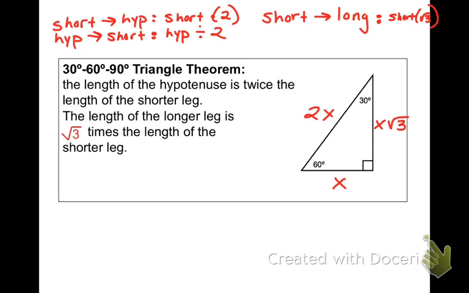So if I needed to go in reverse, what would we do? If I went long to short, instead of multiplying by the square root of 3, we would take our long and divide it by the square root of 3, which you guys have just done before we started our notes today.